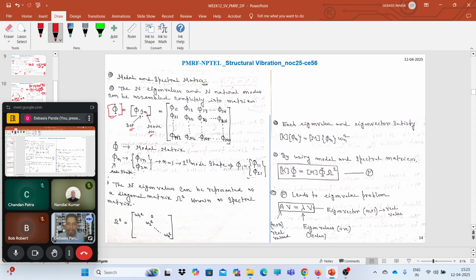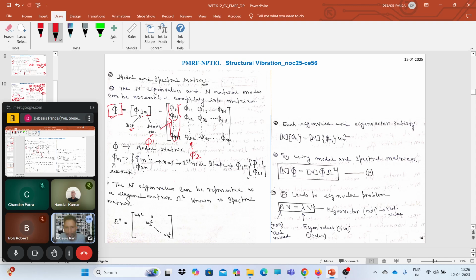So here you can see phi 11, phi 21, and phi n1. That means this complete column defines the first mode shape phi 1. Similarly, look at phi 12, phi 22, phi n2. That tells you about the second mode shape phi 2. Similarly, we can combine all the modes in one matrix, and we call it the modal matrix, right?